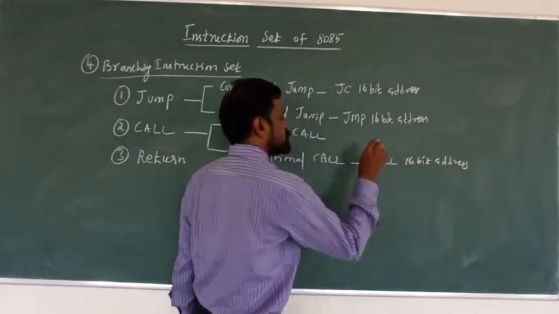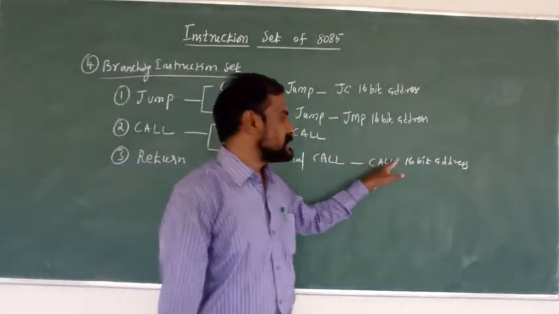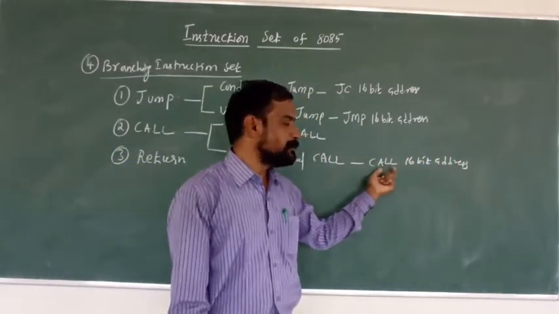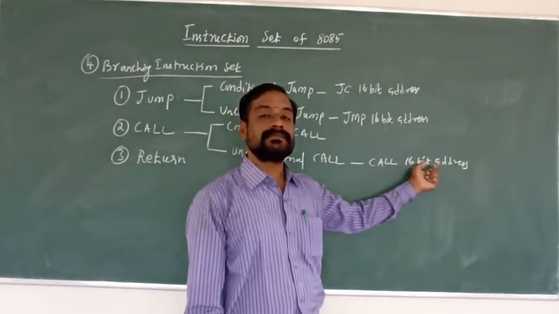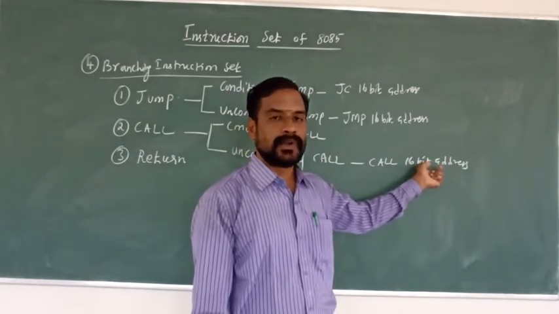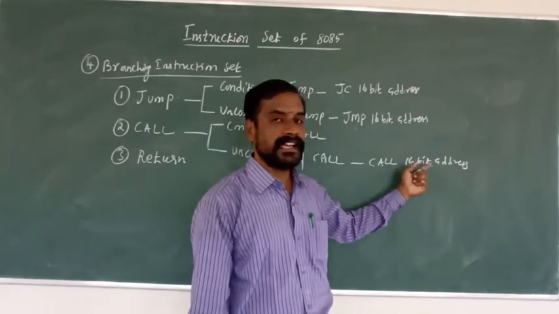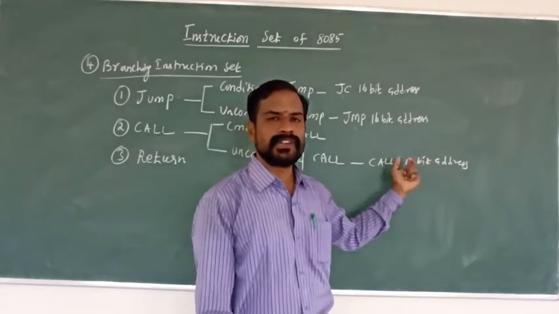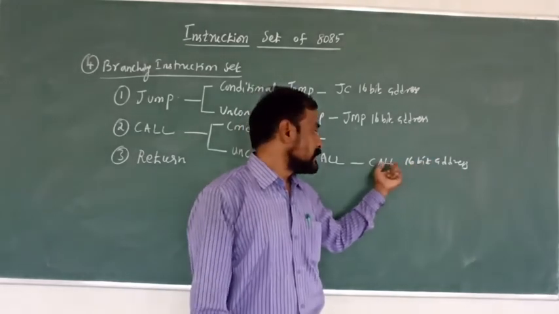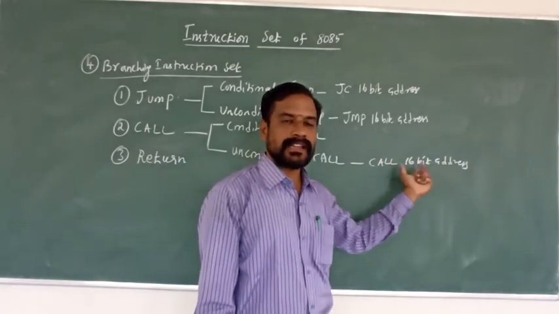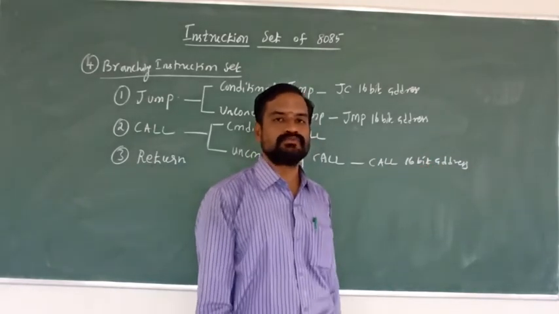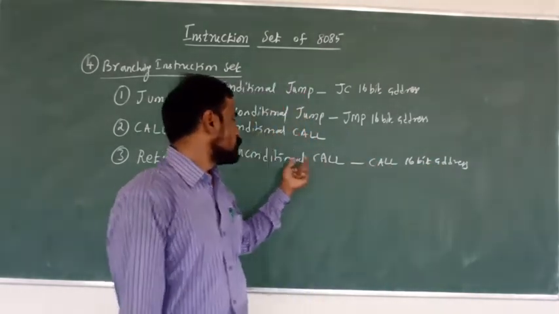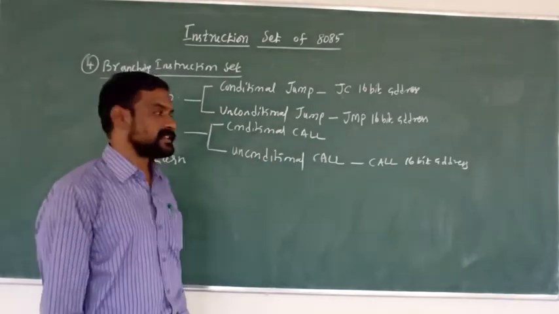Unconditional call means call the 16-bit address. It will call the given 16-bit address location program. This is to call the subroutine program without any condition checking. Now directly call the given 16-bit address location program. For that, we can use this unconditional call instruction.